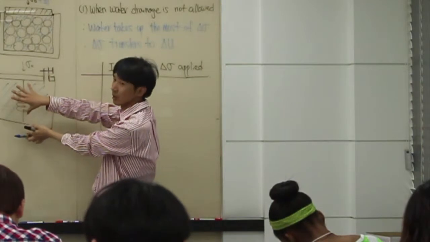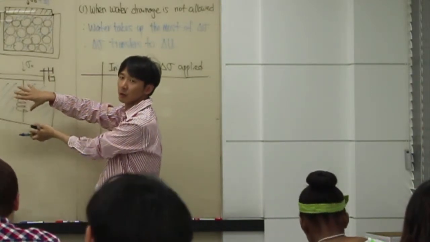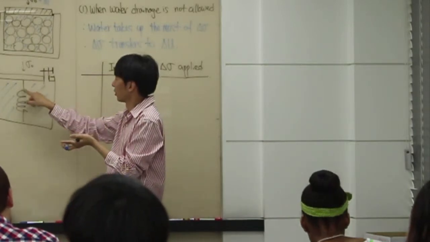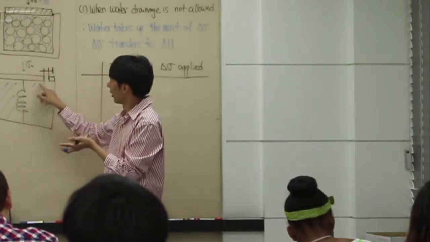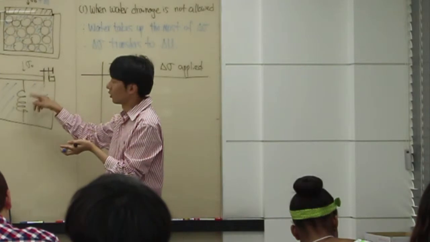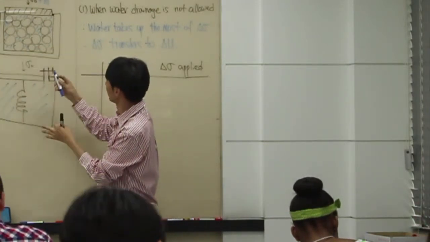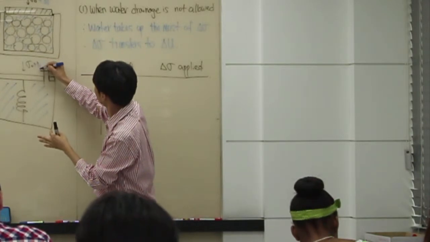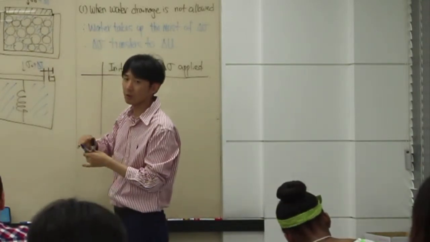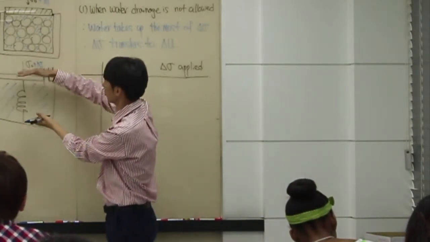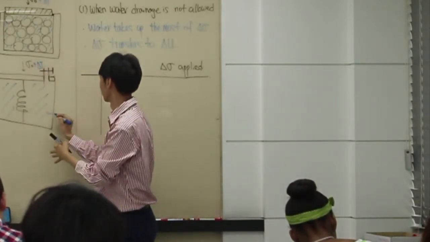Here the spring represents the soil skeleton stiffness. So this spring is the soil skeleton, and the chamber is full of water. When you increase the stress by delta sigma, because this hole is closed, the water pressure will increase.